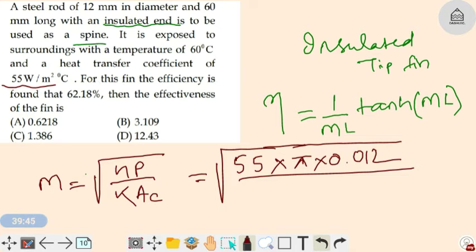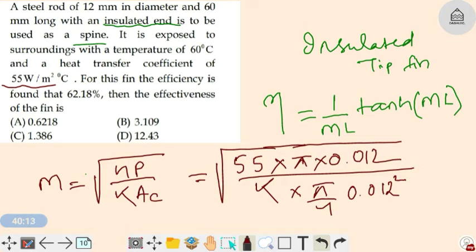K is not given, so I will assume it is K. Ac is pi by 4 d square, d is 0.012 square. This is my m.